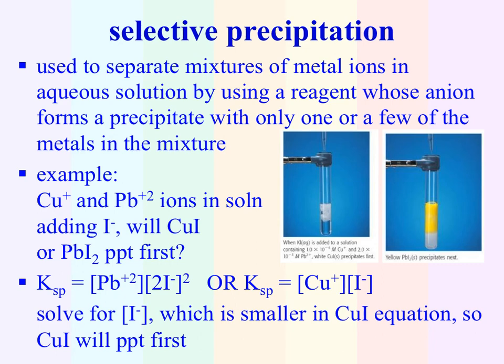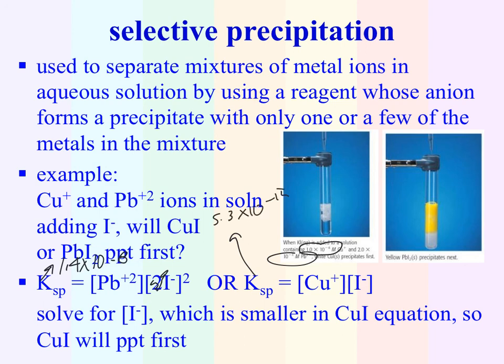We've been told the initial values of copper ion and lead plus 2 ion that we have in solution, and we have their equilibrium expressions and their Ksp values. The Ksp value for lead iodide is 1.4 times 10 to the negative 8th, and the Ksp for the copper iodide is 5.3 times 10 to the negative 12th.